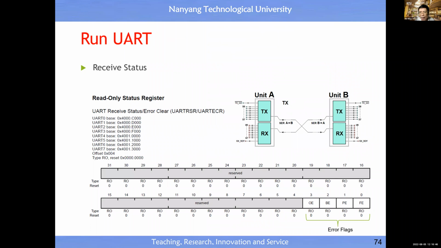Quite straightforward. And then where to read all these statuses? Because when you operate, if the parity check finds an error, then the hardware will tell the CPU.